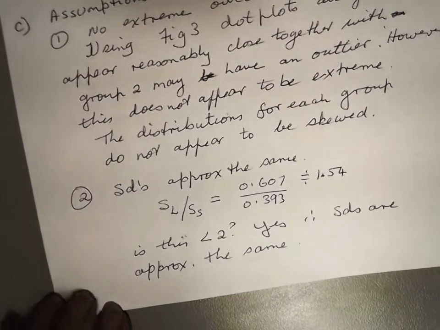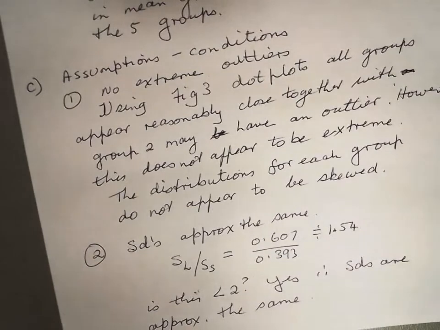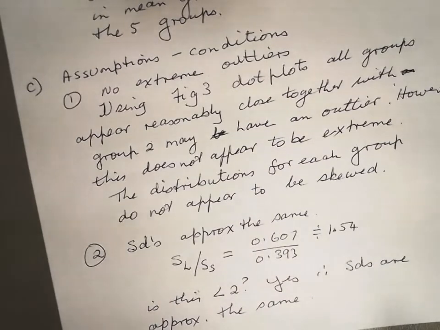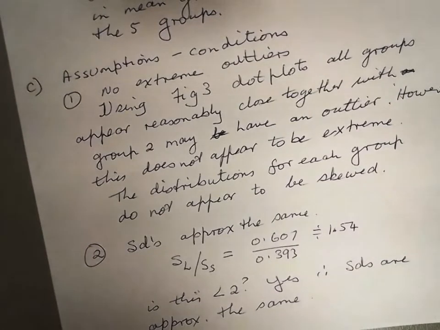If we did have some slightly skewed distributions, and therefore some outliers, as long as n was reasonably large, 20-ish or more, then an analysis of variance test is a bit lenient and can cope with that kind of skewness. In this case, I don't think we needed to worry about that.